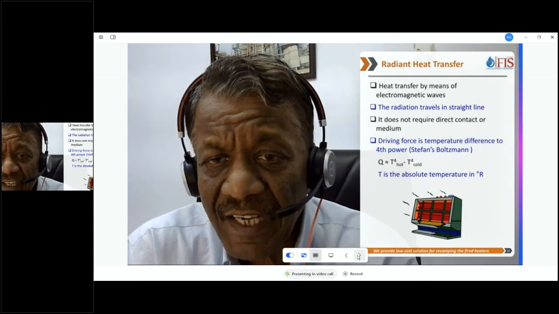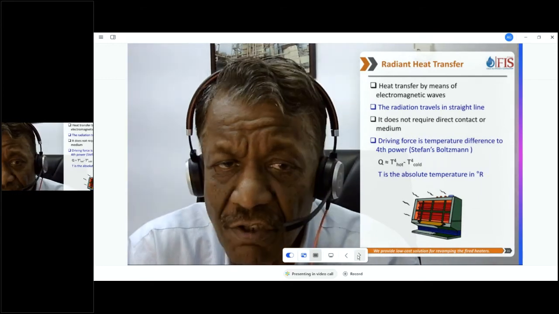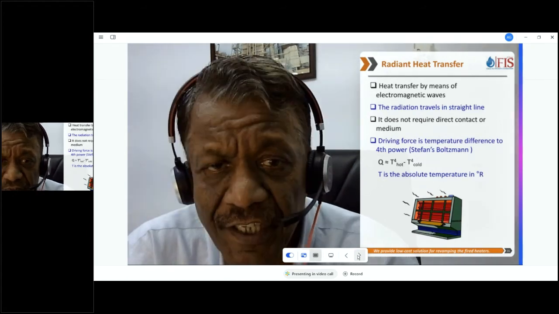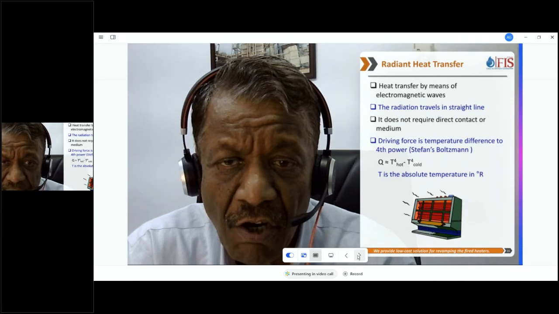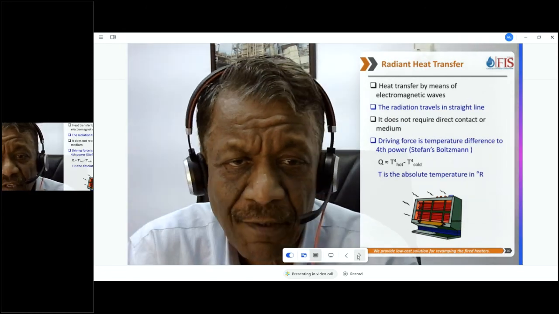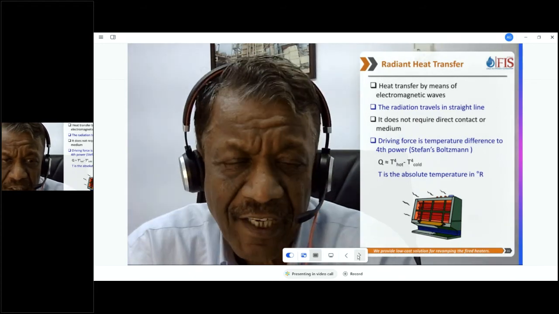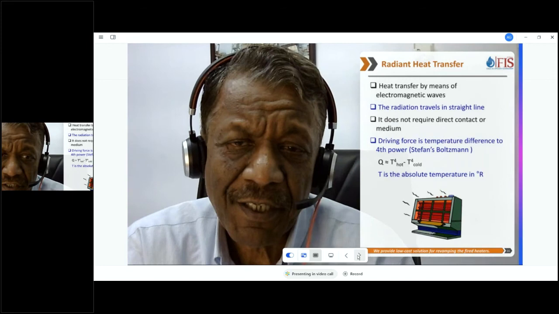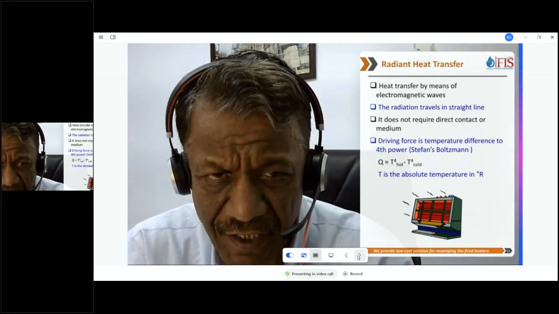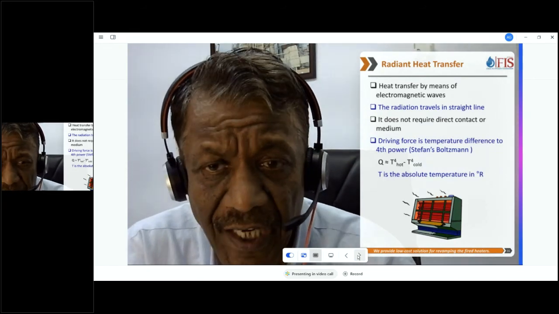And radiant heat transfer is governed by the Stefan-Boltzmann equation, where Q is proportional to T^4 of the hot minus T^4 of the cold. Here, hot will be the flue gases and cold will be the tubes. And we are talking of absolute temperatures, in degrees Rankine or Kelvin. That is generally how the relation is described.